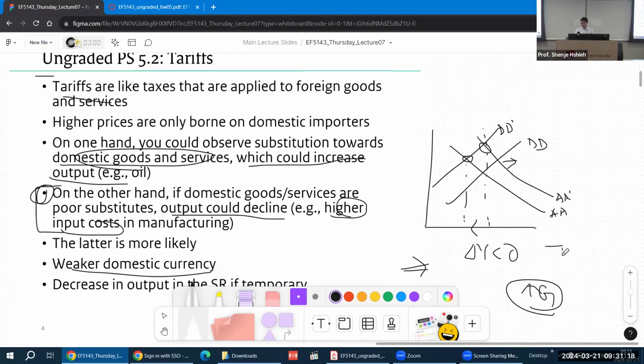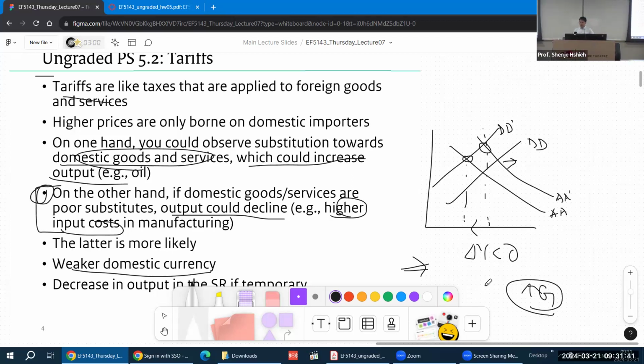Both the temporary and the permanent cases are the same as what you saw last week. If it's a government spending interpretation, then it's like a tax cut, right? In the temporary case, you get some output and a stronger currency; in the permanent case, you get just the stronger currency and no output.